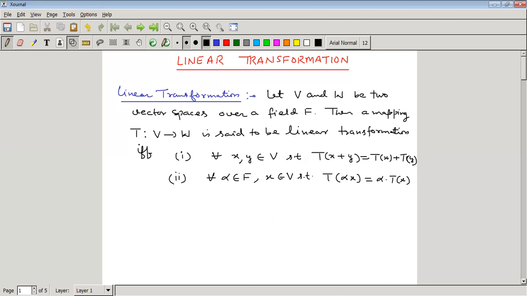So if any transformation T from V to W satisfies these two conditions, then it becomes a linear transformation.